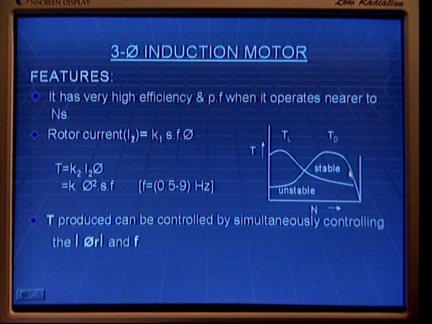How is it possible? It is possible by reduction of frequency. Then automatically this curve will move towards the left, so that it may be the starting torque. That means the torque produced can be controlled by simultaneously controlling the magnitude of the rotating magnetic field and the frequency.